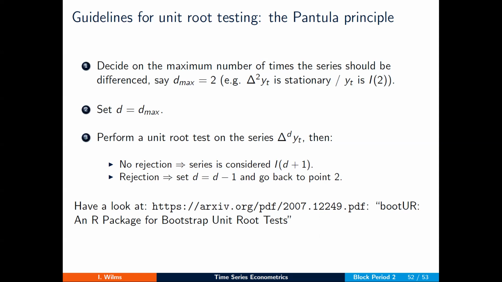So please familiarize yourself already with this paper this week. And you will see that we actually make use of different bootstrap procedures to obtain our p-values. Now, this is not a course on the bootstrap, so we won't dive into those details, and I also don't expect you to study them in the paper. Just focus on the practical aspects and the concerns on the various unit root tests.